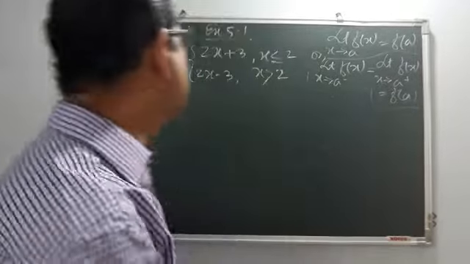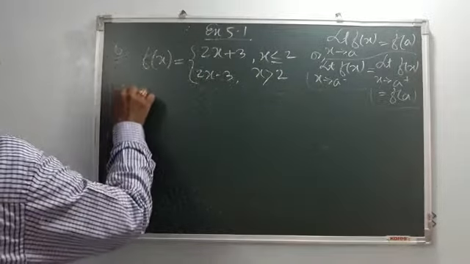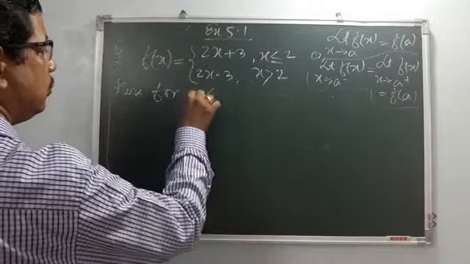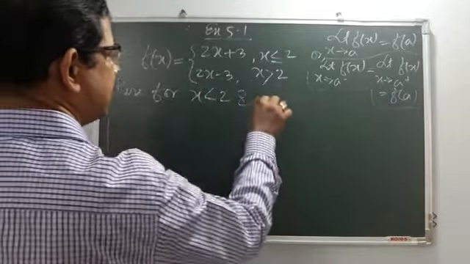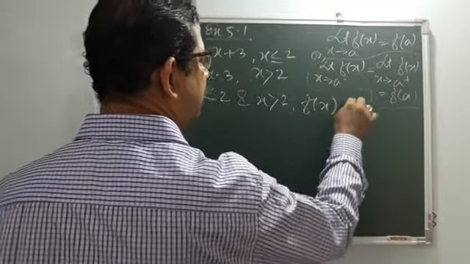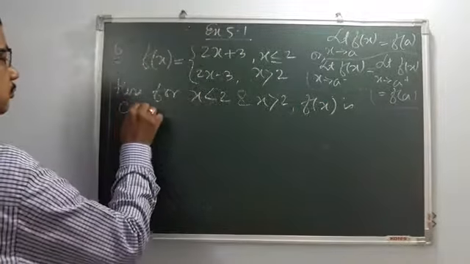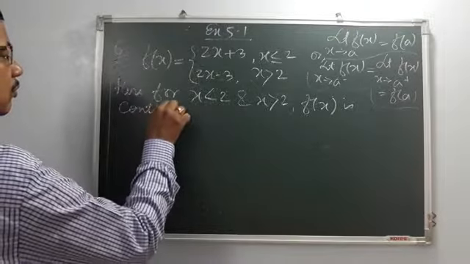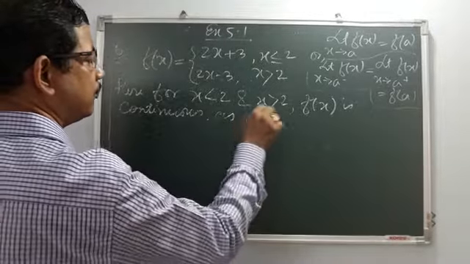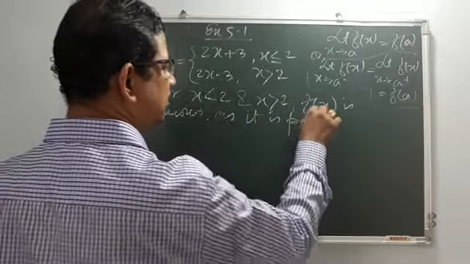So we will write this one here. For x less than 2 and x greater than 2, f(x) is continuous. Why continuous? As it is a polynomial function.